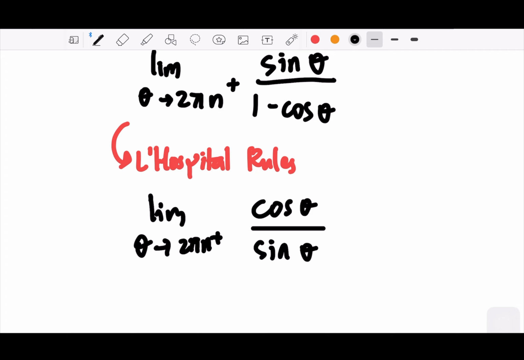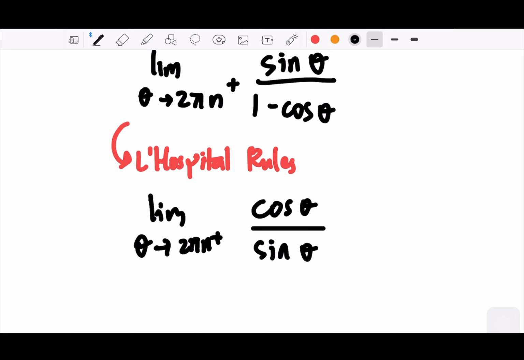We are going to have an infinite value here, which means that the vertical tangent is true. When we approach the certain point, we have an infinite value. So it seems that the vertical tangent is true in the limit as theta approaches 2 pi n.